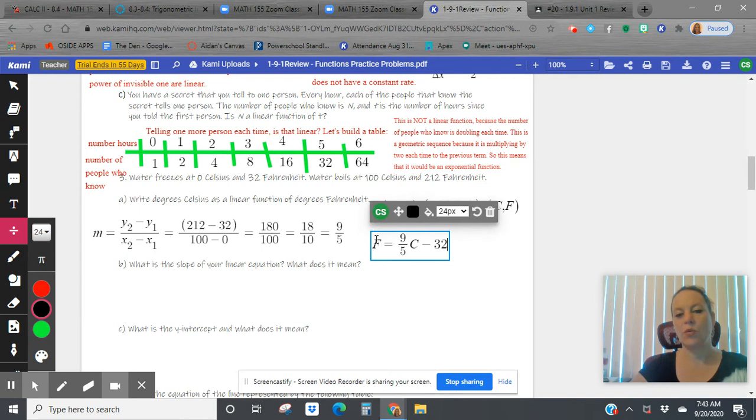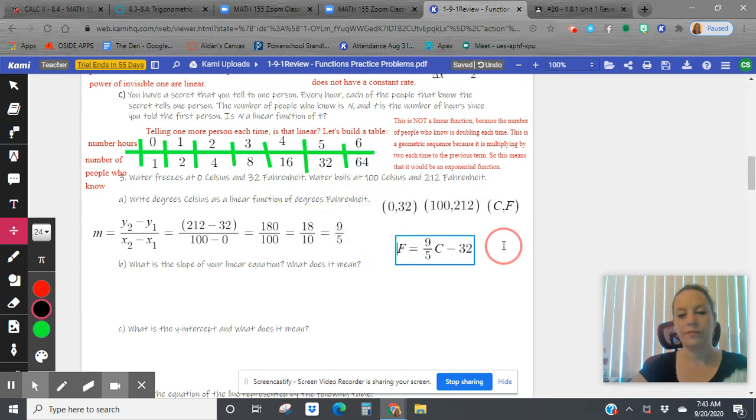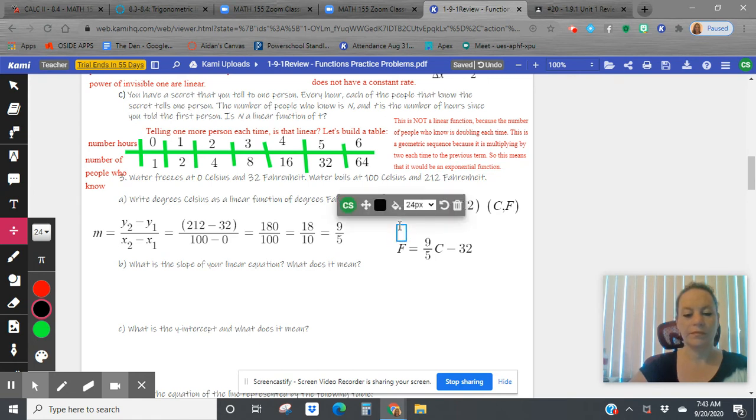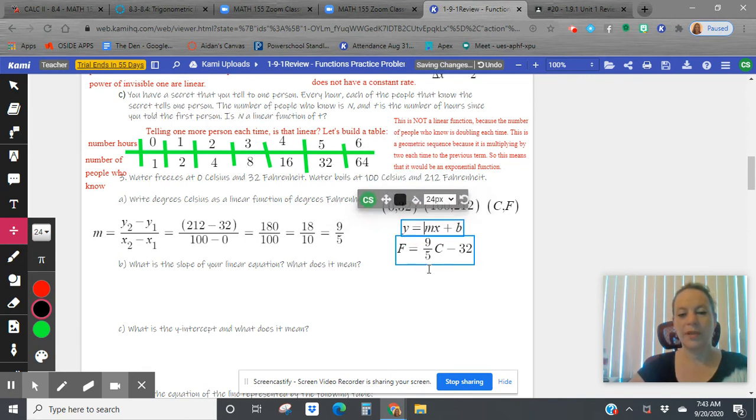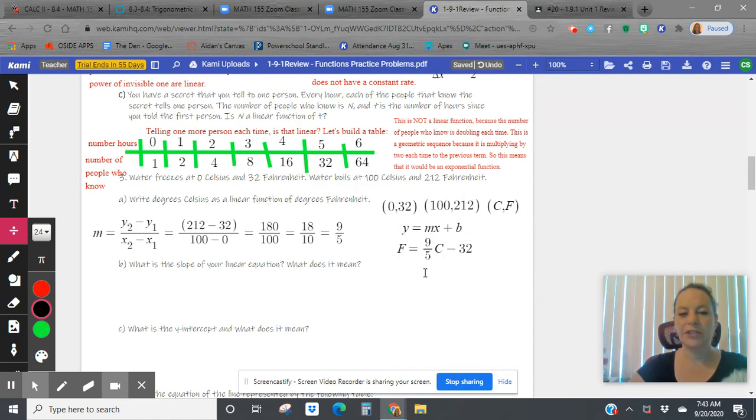And this is in y equals mx plus b form, where we plugged in our slope of m, we plugged in our b of 32. How do I know that's a b? How is this the y-intercept? Because (0, 32), for the y-intercept, the x is 0. So here's my function.